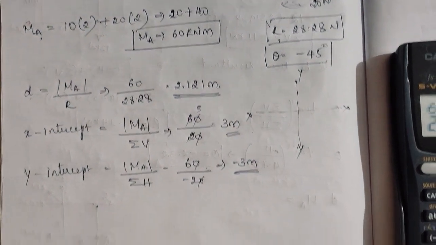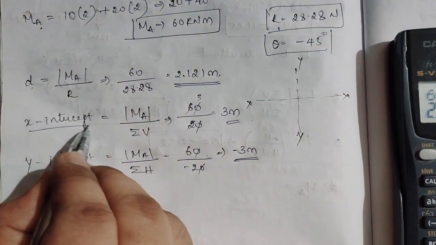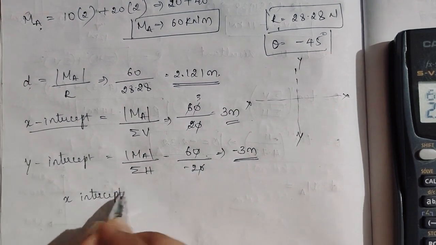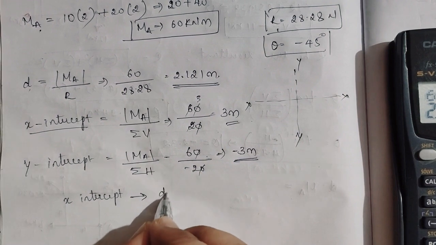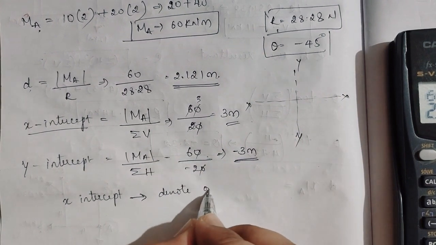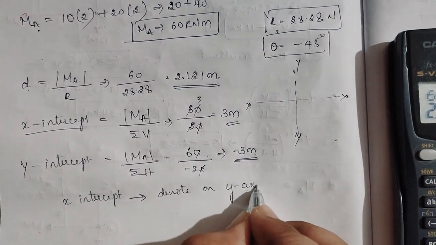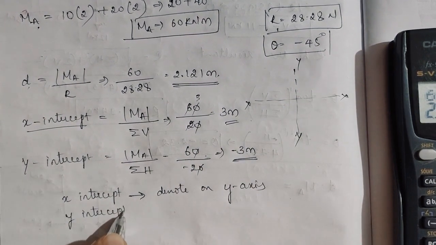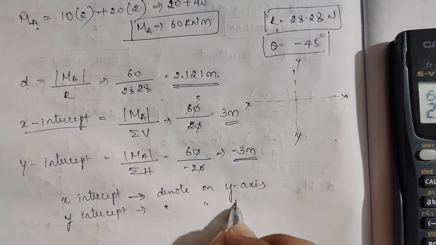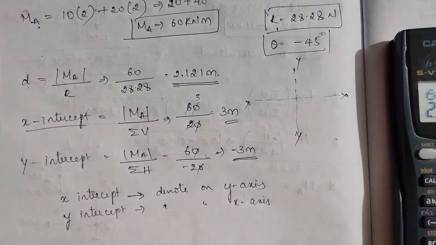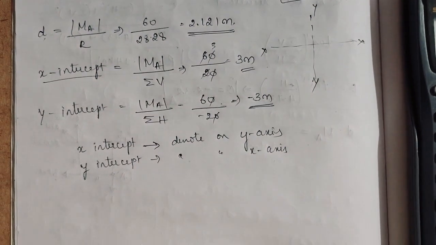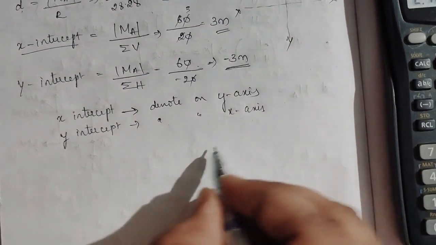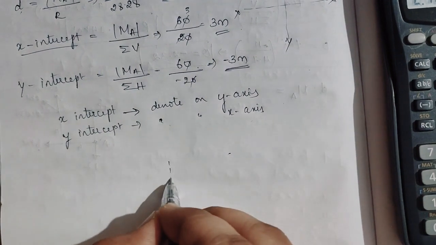So here note another point, x intercept means we have to denote on y axis. Y intercept, denote on x axis. So I will now denote where our resultant force R lies.